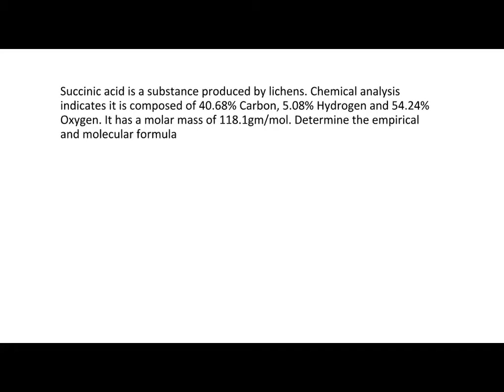Chemical analysis indicates it is composed of 40.68% carbon, 5.08% hydrogen, and 54.24% oxygen. It has a molar mass of 118.1 grams per mole. Determine the empirical formula and the molecular formula.